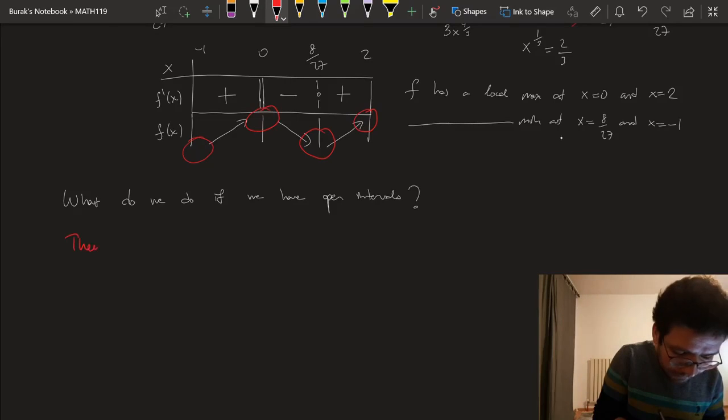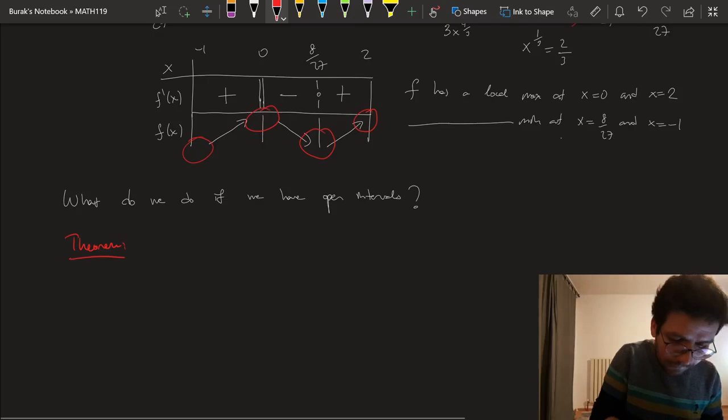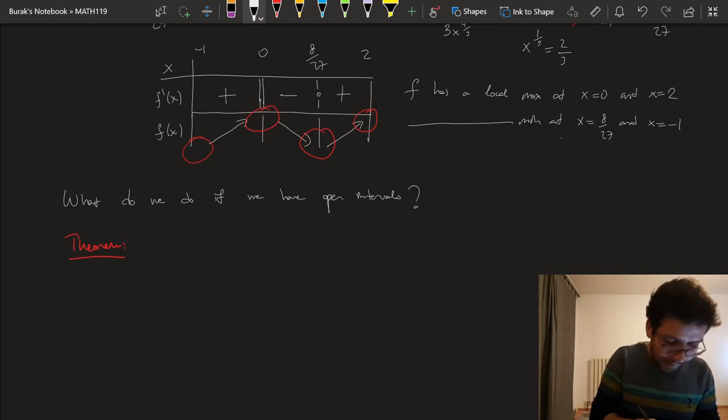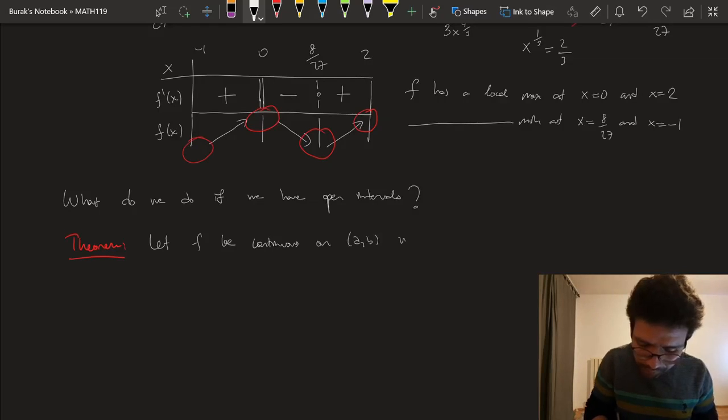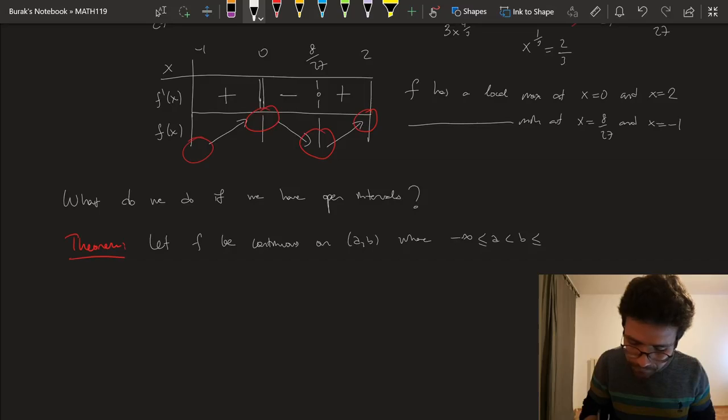Theorem. Let f be continuous on (a, b), where I allow these a and b to be infinities.